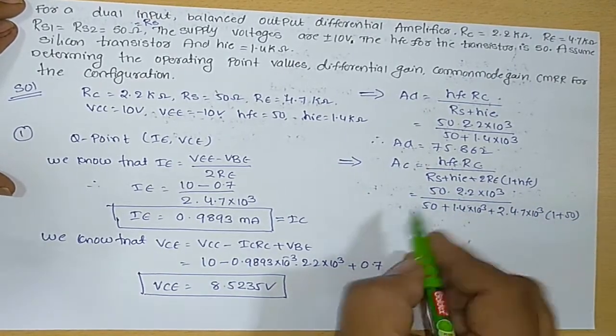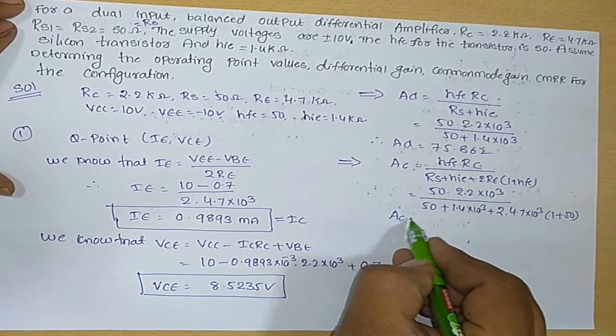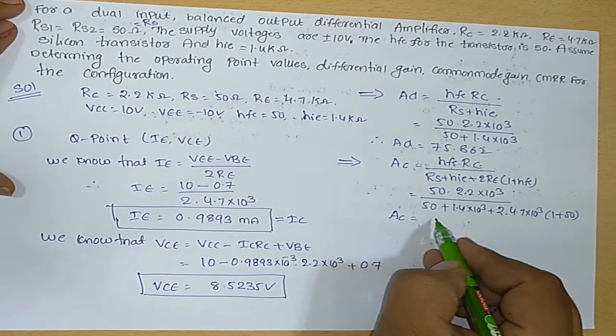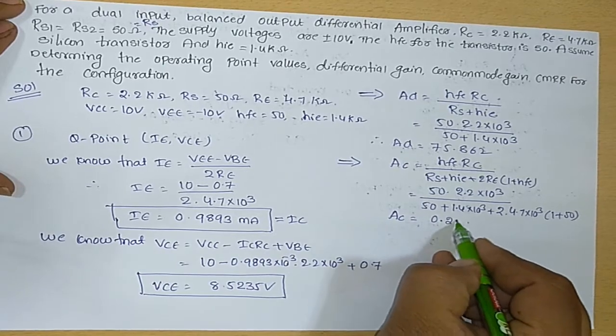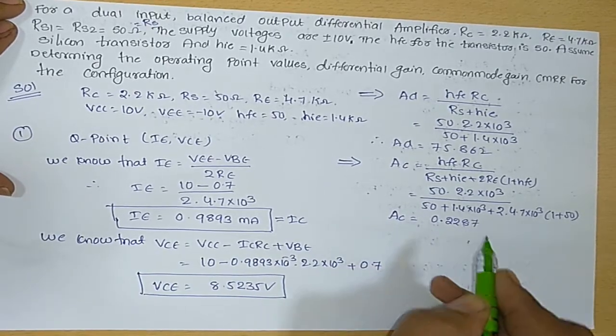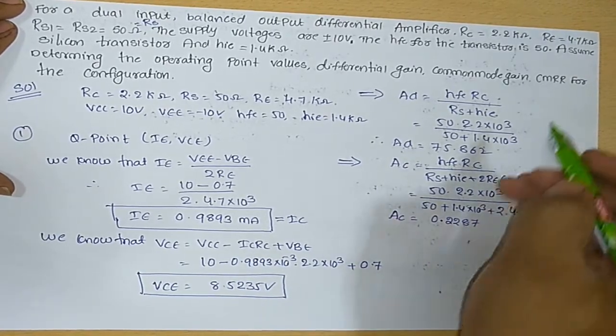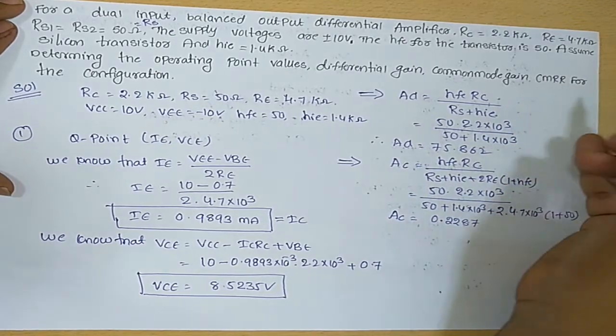Simplifying all these values, we get the common mode gain of this differential amplifier equal to 0.2287.